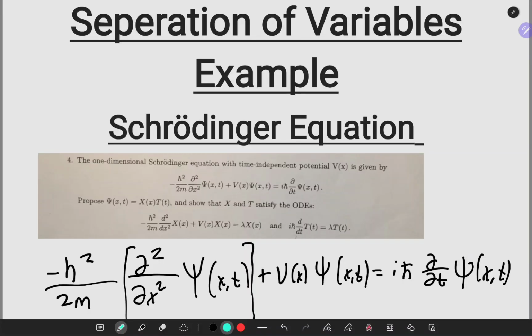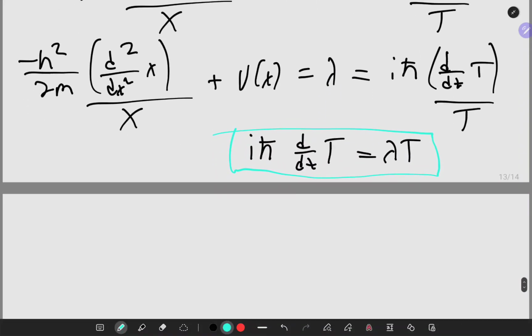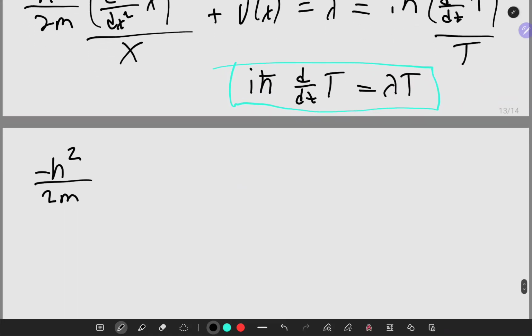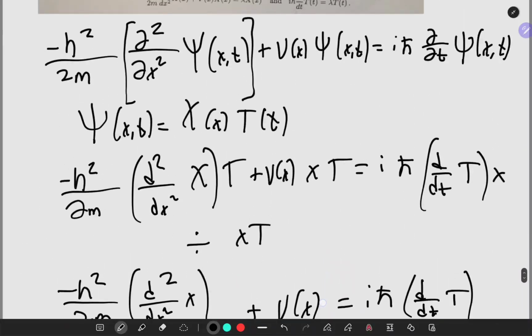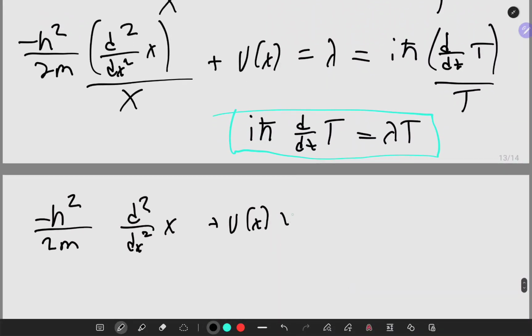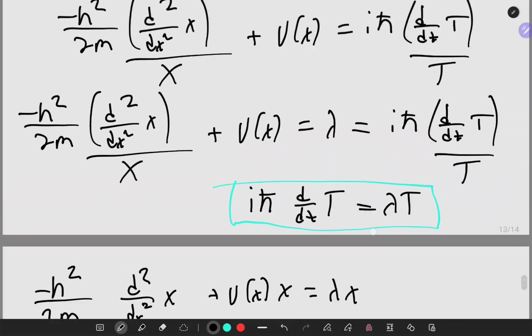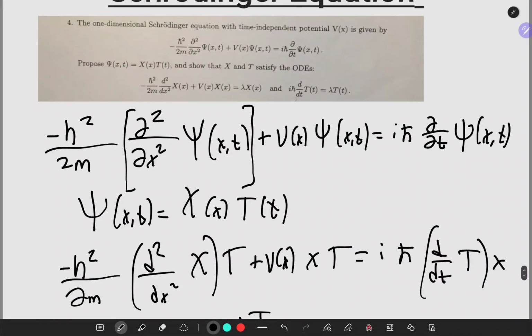And then we have the other one. Multiply everything by X. We have d squared dx squared of X plus V of x times X is equal to lambda X. Yeah, that's it.